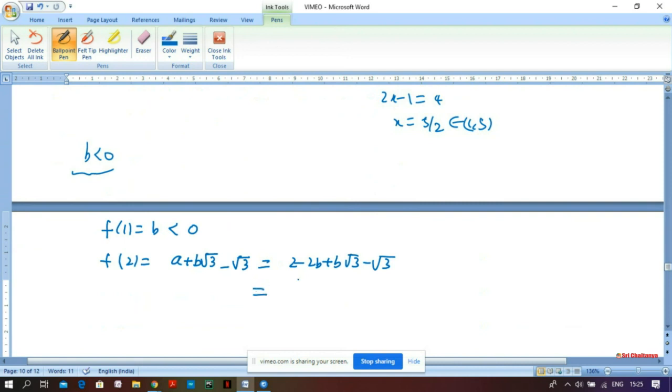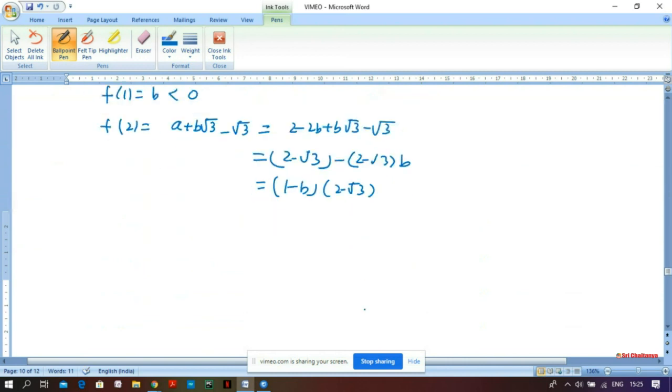I can take the common factor and I will get 2 minus root 3 minus (2 minus root 3)b. That will give me (1 minus b) times (2 minus root 3). That number 2 minus root 3 is positive, b is negative, so this is still positive. So ultimately f of 2 becomes positive.